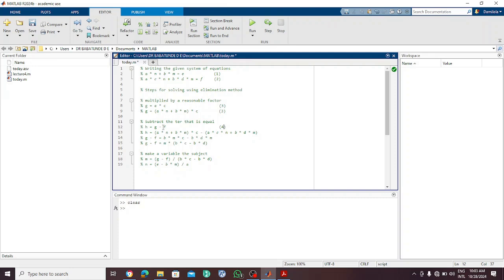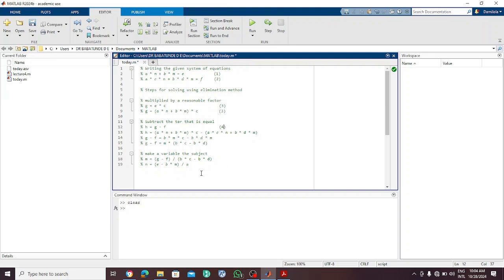I can uncomment that. Once I uncomment it, I can compute my M, because G and H are now available. Then I can get my N. So that's what you need to do. It's still about applying the arithmetic operation that we have said earlier.